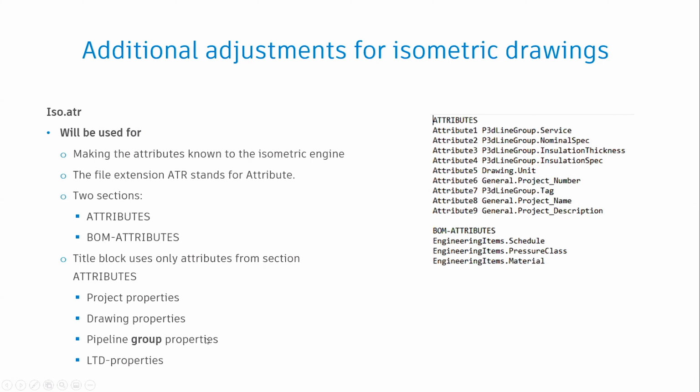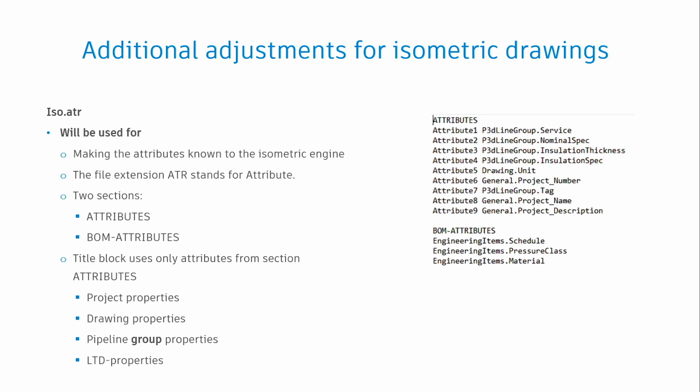The line number scheme of the ISO config XML access through the tag line field to these properties. All other properties have to be specified in the bottom section, BOM attributes, for evaluation. They will be used for annotations or tables.